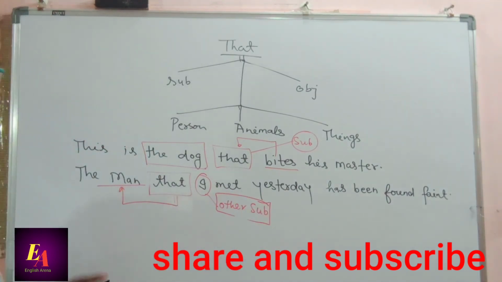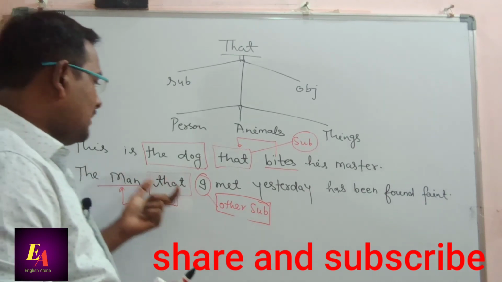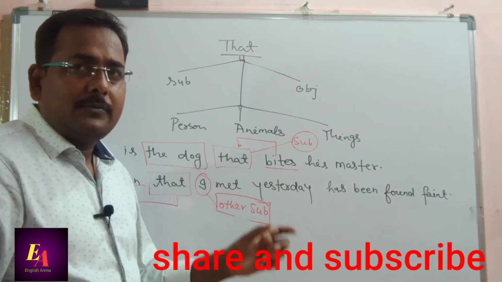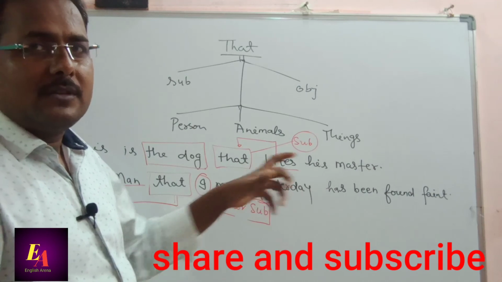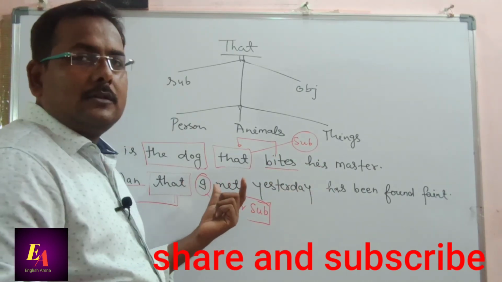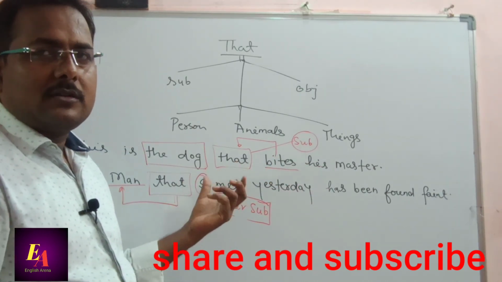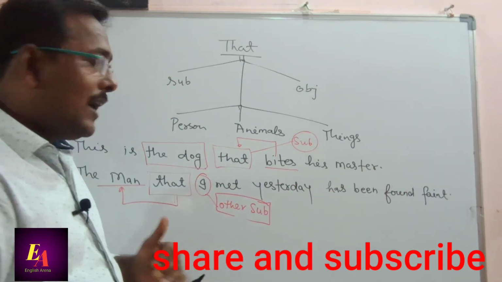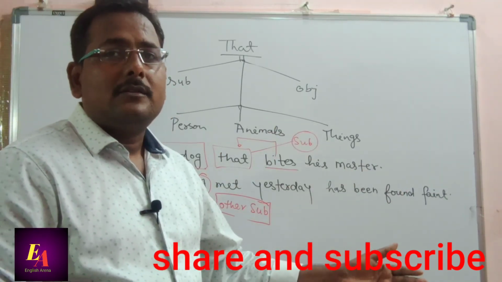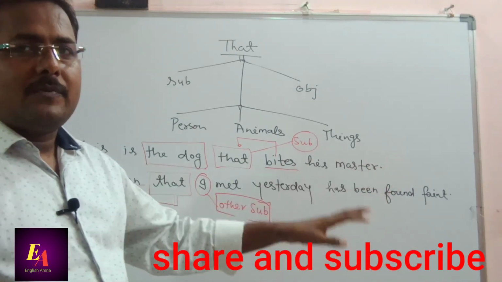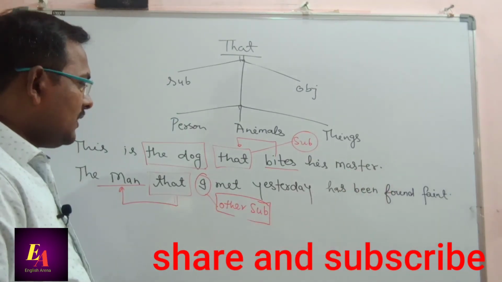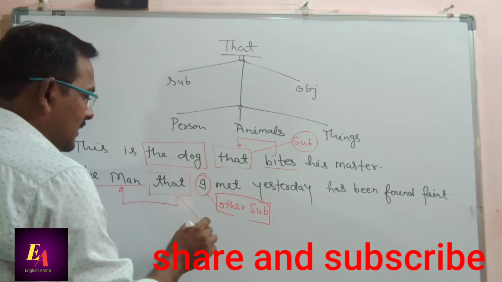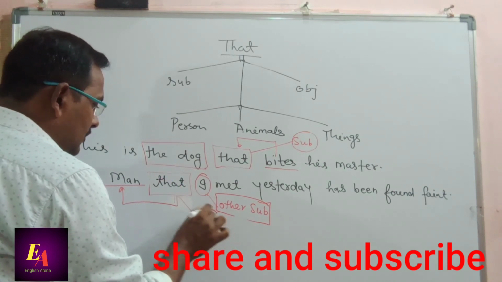The main subject of this sentence is I: I met the man yesterday, who has been found faint. So friends, here this that comes in place of the object.